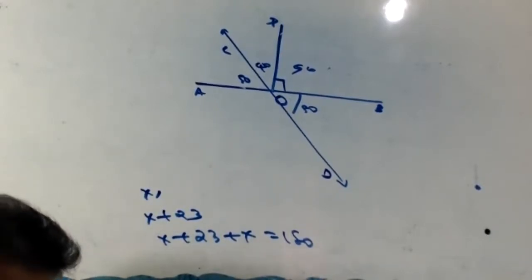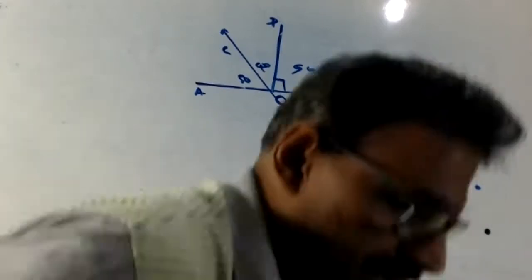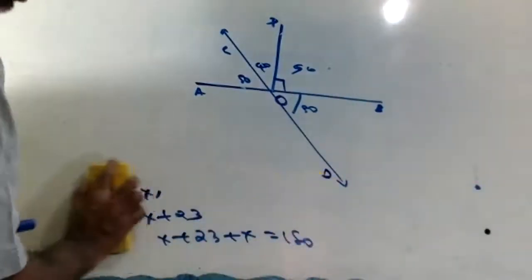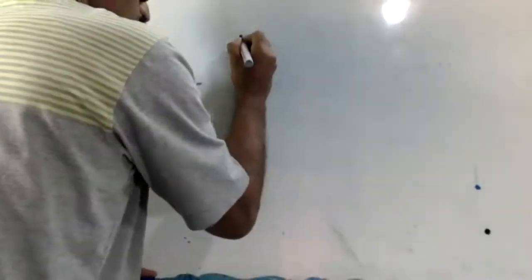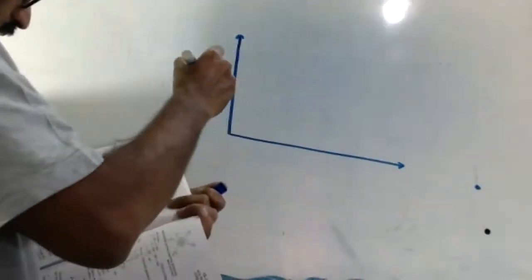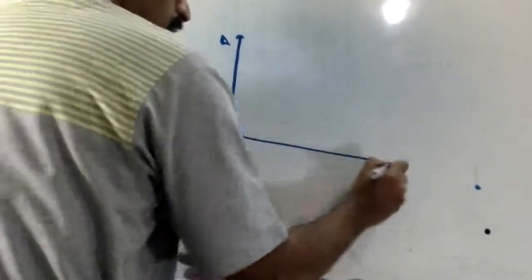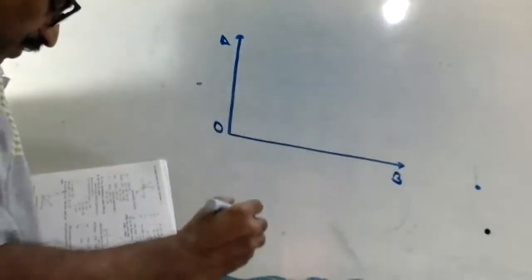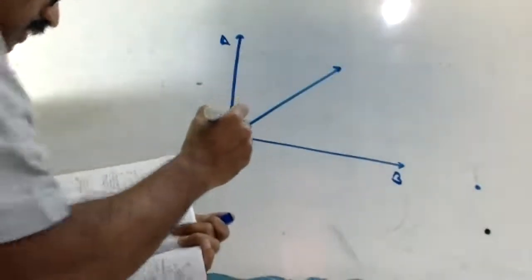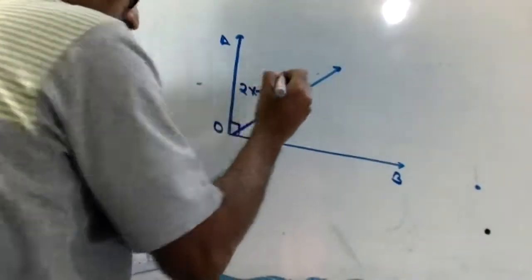So next one. In the figure, this is today's class, a revision class only. In the figure, AO is perpendicular to OB. This angle is 90 degrees. This is 2x minus 5.